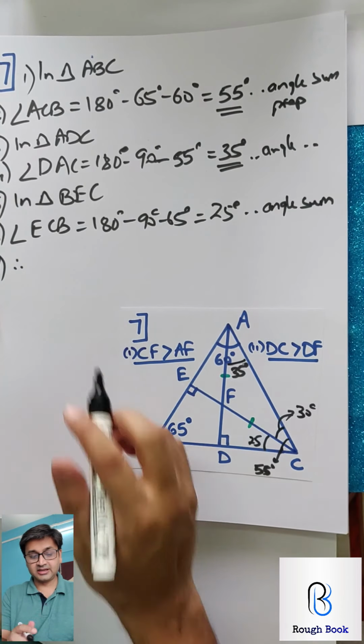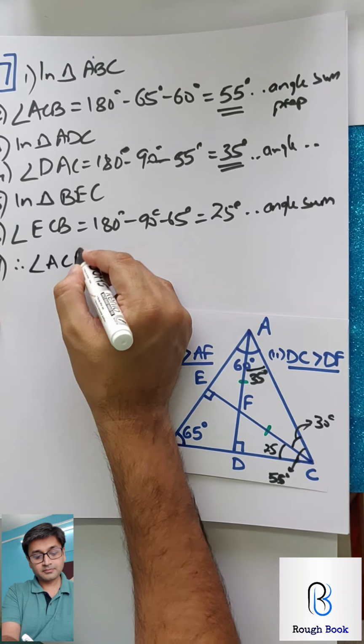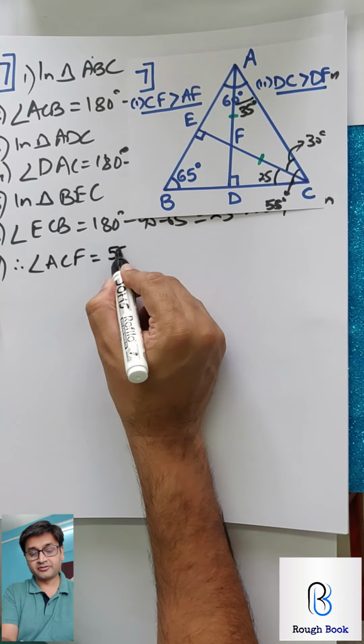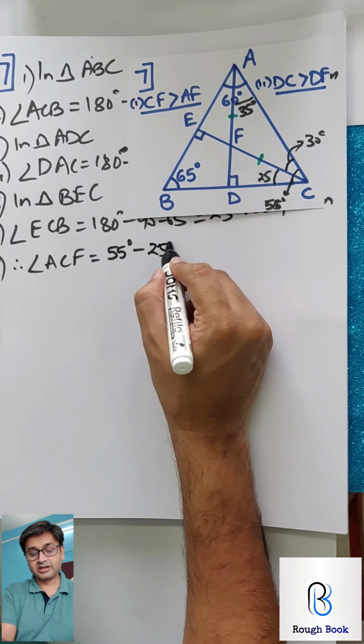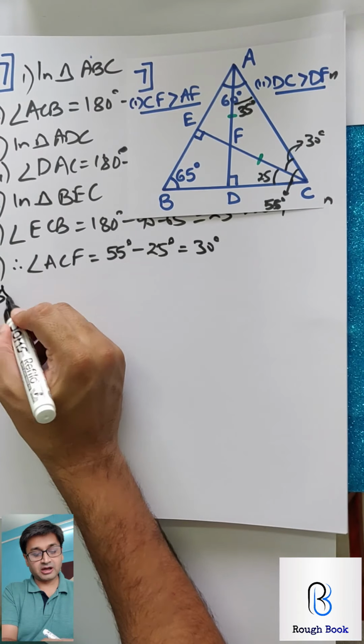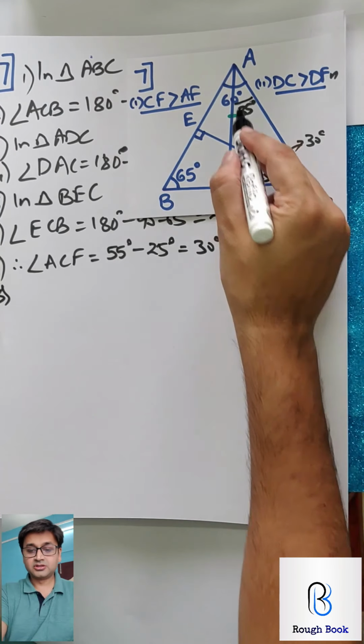Therefore angle ACF is equal to 55 minus this 25. That is 30. I got this 30, this 35. So now I can easily compare. So let's compare.